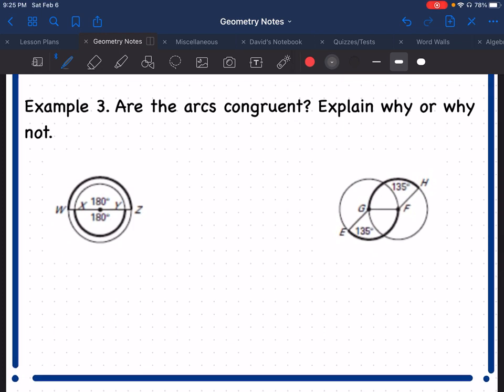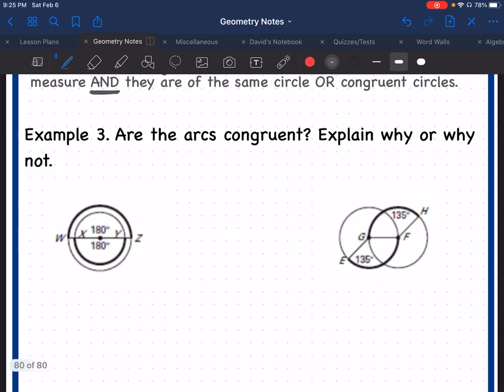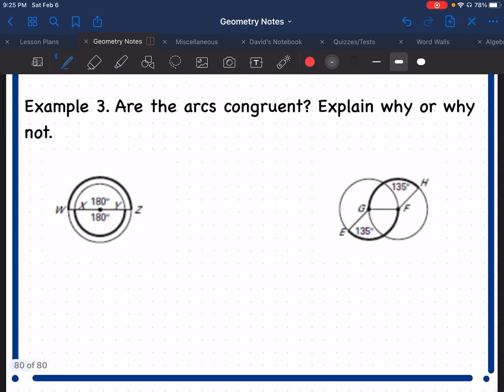So let's go ahead and take a look at this last example. And my question is, are these arcs congruent? Explain why or why not. So remember, for the arcs to be congruent, they have to have the same measure and they have to be of the same circle or congruent circles. So let's take a look at this first one. Are these arcs from WZ and XY the same?